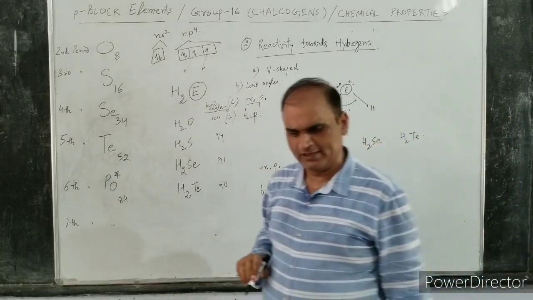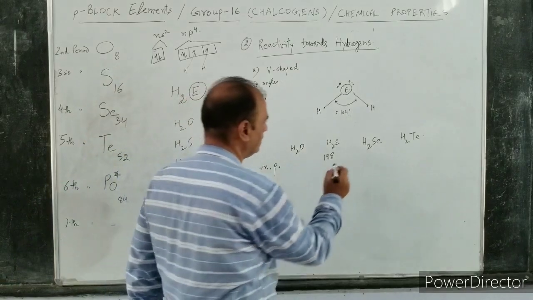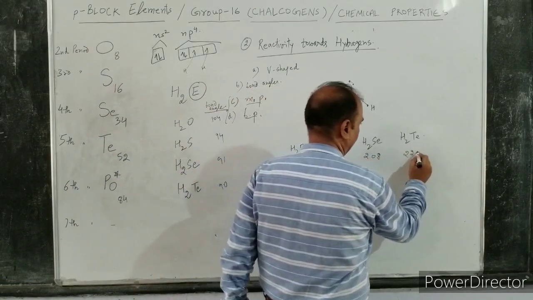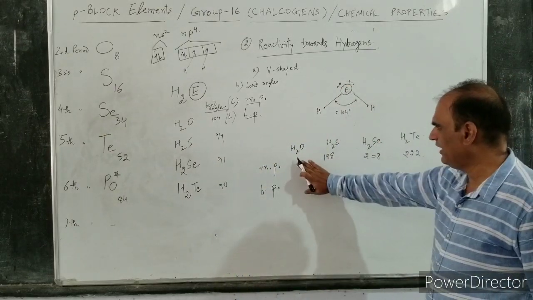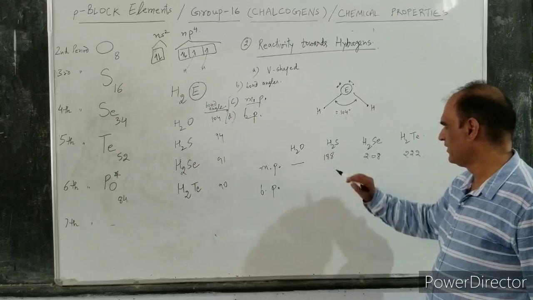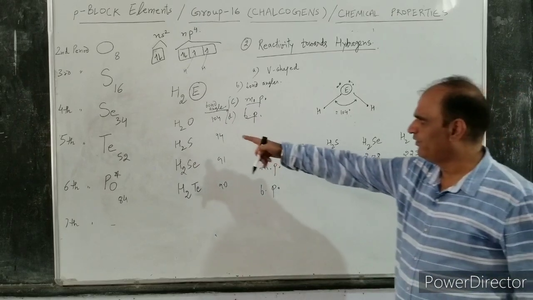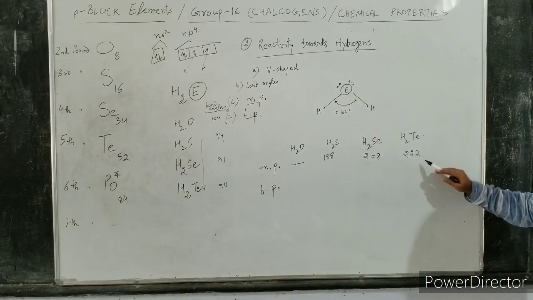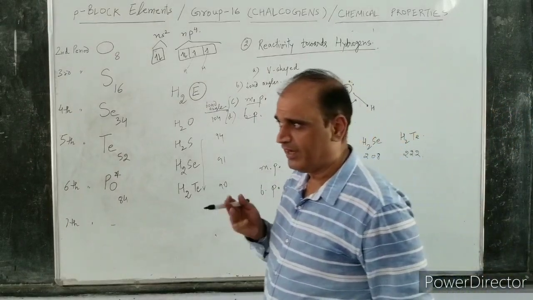And the melting points of H2Se and H2Te are 208 Kelvin and 222 Kelvin. What do you see? I have knowingly kept it blank. If you compare these three, you see that on moving down the group, the melting point goes on increasing. It is just increasing. Why?